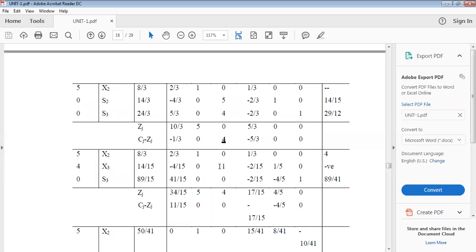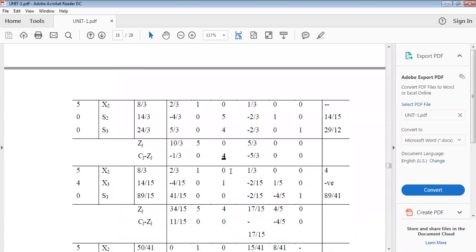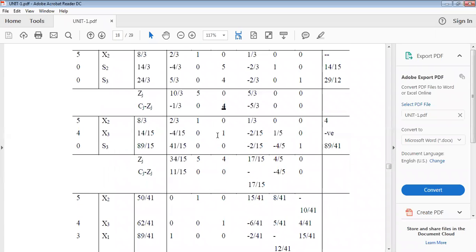Because this is the key element, if you go to the top, there is x3 and 4. So when you mark this as key element 1, x3 and 4 will replace. S2 will go out, 0 will go out, and automatically x3 will come here, 4 will come here.